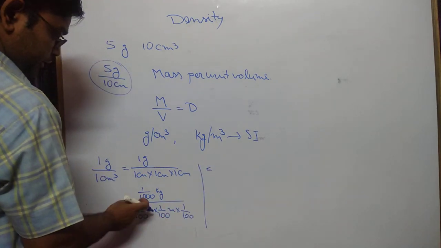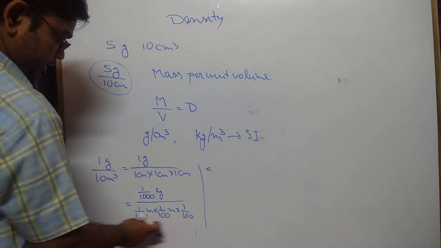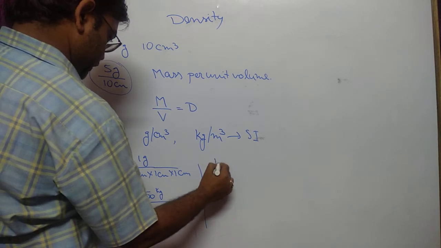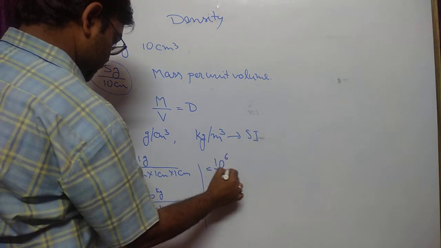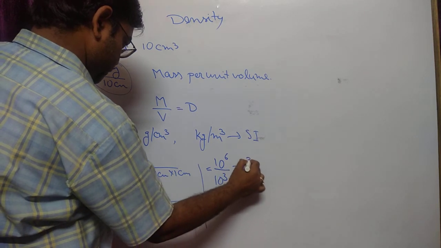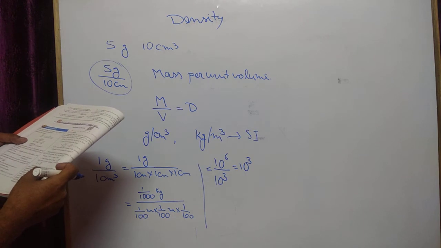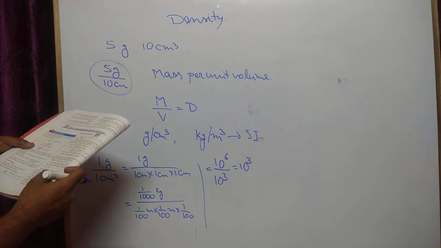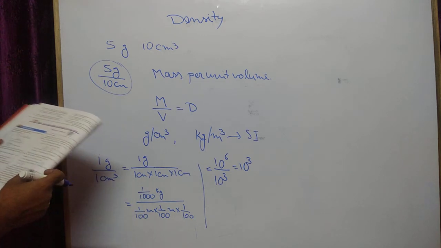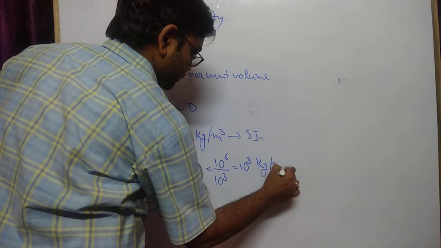So it's 10 to the power 3 or 10 to the power 6 in this case. 1 2 3 4 5 6. So we can write 10 to the power 6 divided by 10 to the power 3. It's 10 to the power 3 kilogram per meter cube.